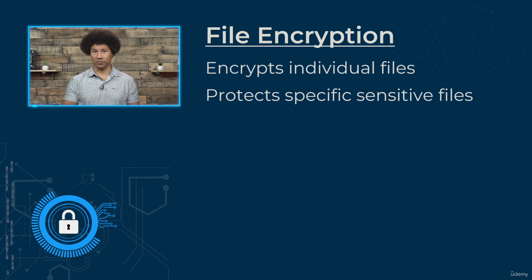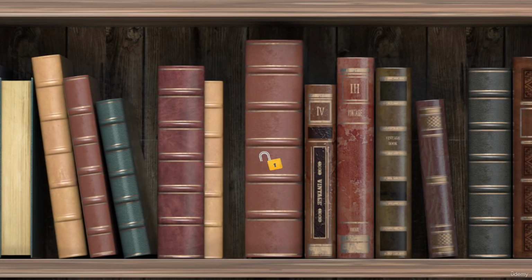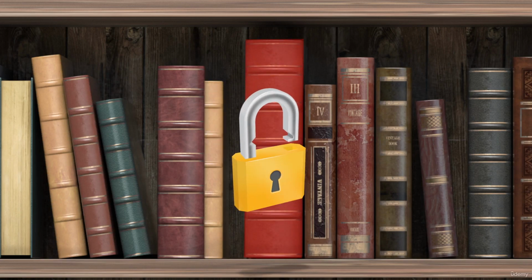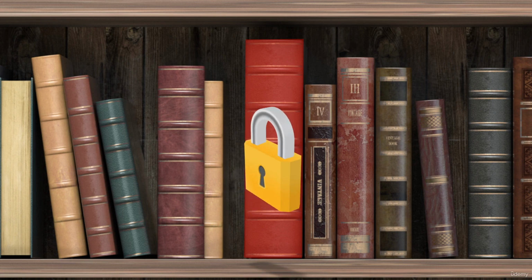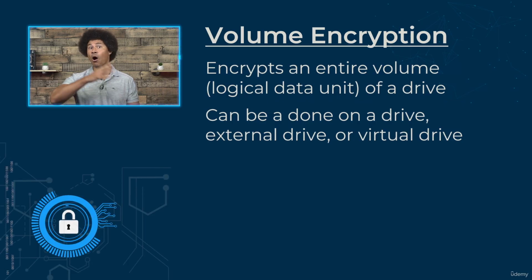When a file is encrypted, its contents are unreadable unless decrypted. This allows users to selectively protect certain files while leaving others accessible. This is like putting a lock on a single book inside the library. Even if someone inside the library has access to a section, they can't read the locked book without the special key for it.